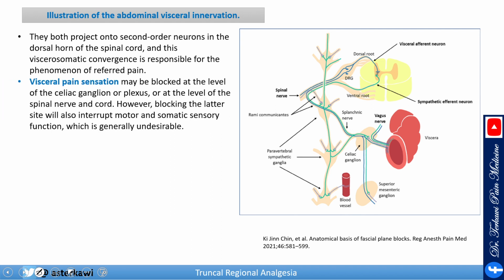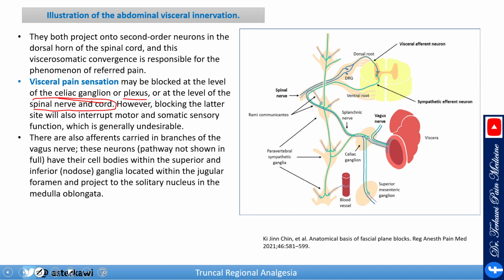Visceral pain sensation may be blocked at the level of the celiac ganglion or plexus, or at the level of the spinal nerve and cord. This is an important concept, especially when we are dealing with interfascial plane blocks. However, blocking the lateral side will also interrupt motor and somatosensory function, which is generally undesirable.